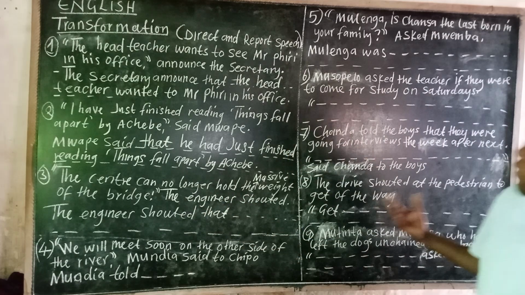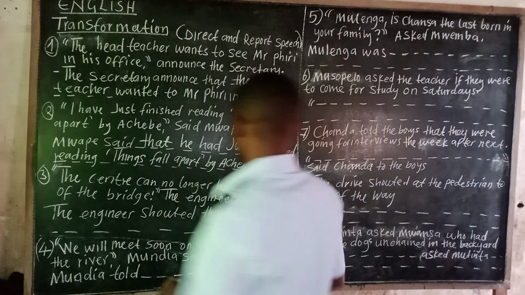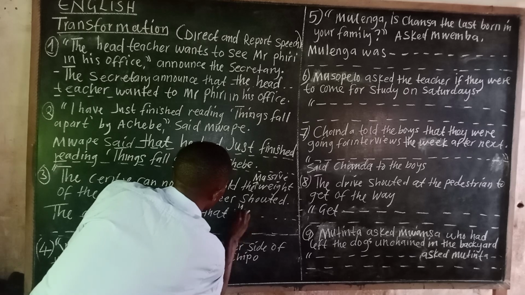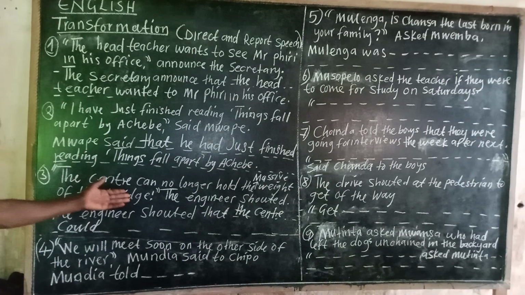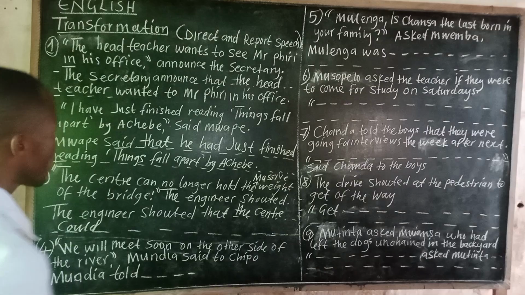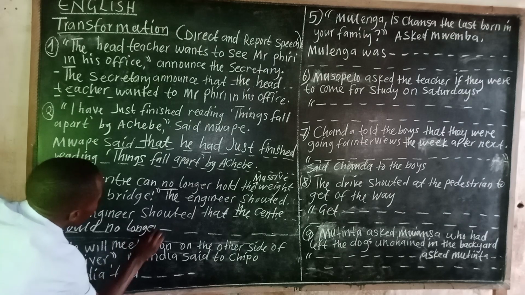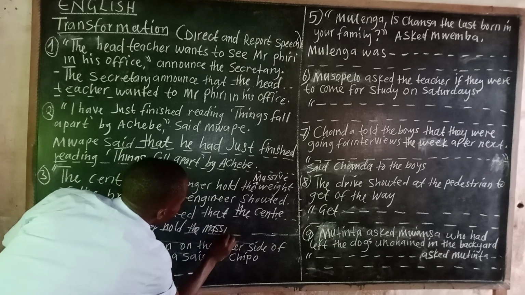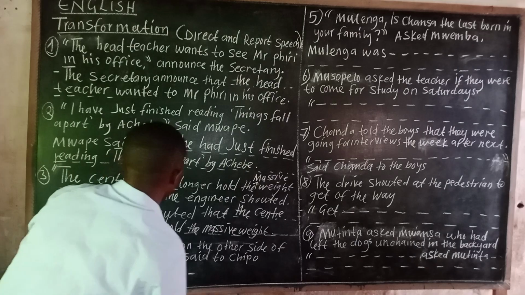Then you start reporting: the engineer shouted that the center could no longer hold the massive weight of the bridge. Here this "can" changes to "could," which is the past tense, because you are reporting.